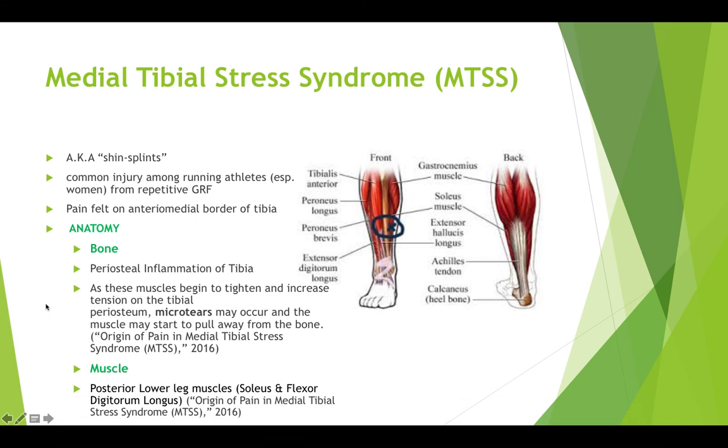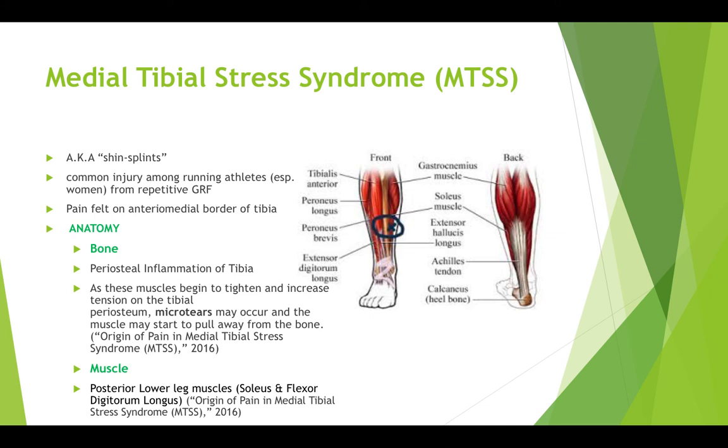In regards to the anatomy, the bone here is the tibia, which is in the lower leg. Basically, the periosteum, which lines the bone, becomes inflamed from the constant tension or pulling from the muscle, which would be the soleus and flexor digitorum longus, but more specifically the soleus.